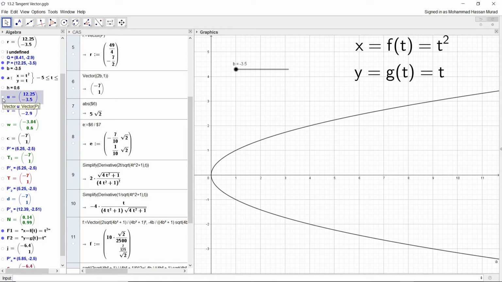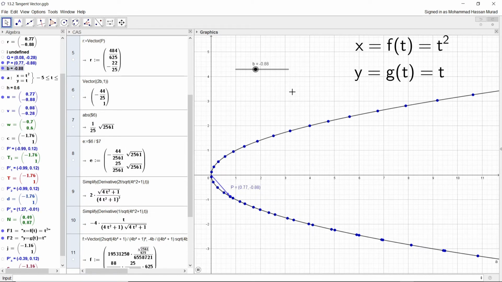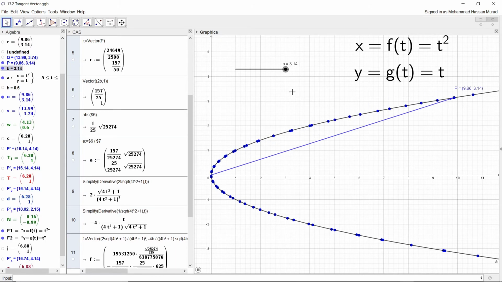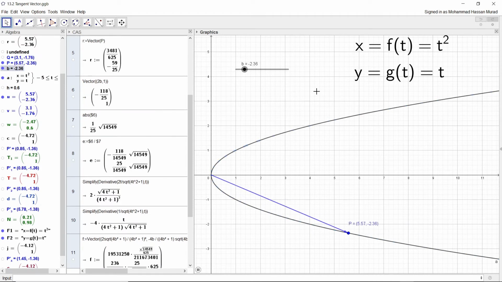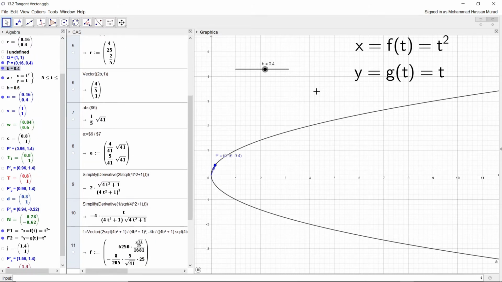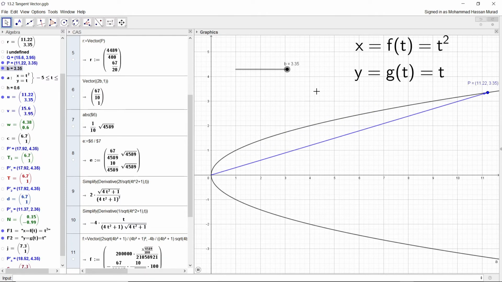Now, if we connect the point P with the origin by a vector, then the position vectors of these points are shown in this figure. Therefore, the curve is being generated by the tip of the position vector of the point P, as we see in this figure.